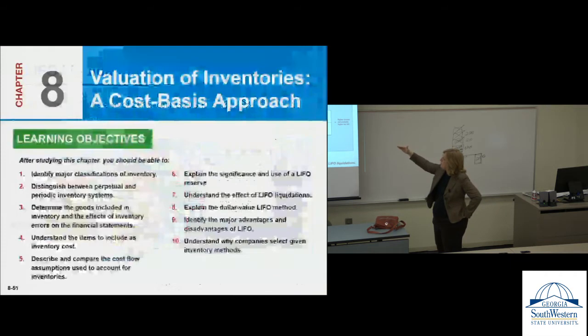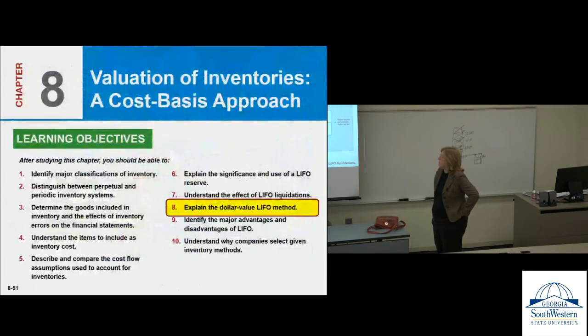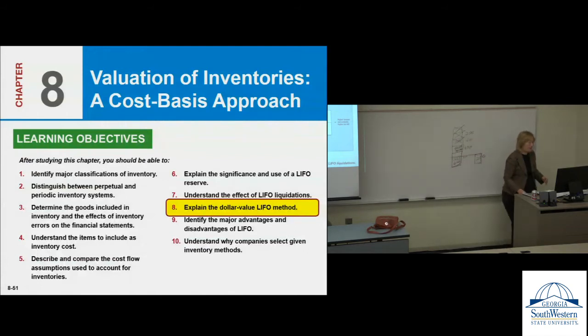Okay, so we no longer have those layers of inventory from 2012 to 2014. All of that's gone. So that'll give you higher income and a higher tax bill, the fact that you've done that.